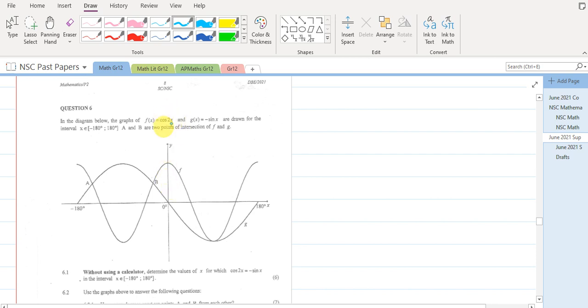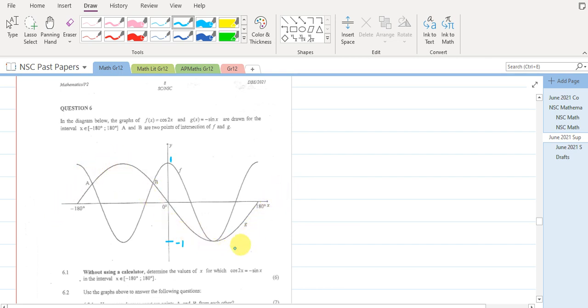Since it's 2x, it's now going to be 180. It's a cos graph, the general cos graph, so it's passing through 1 definitely, and the amplitudes are 1 and minus 1. That's perfect. And g of x is equal to negative sine x. That's the reflected sine graph, and it's normal.